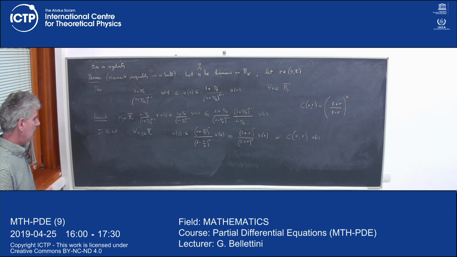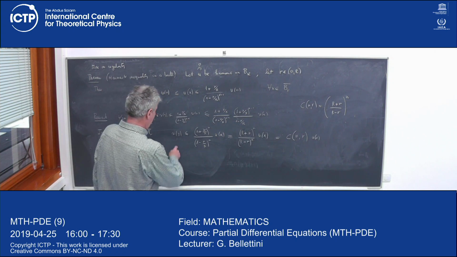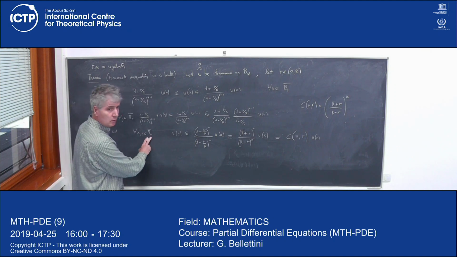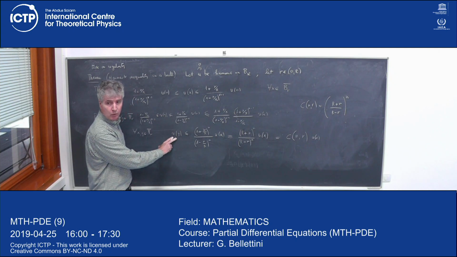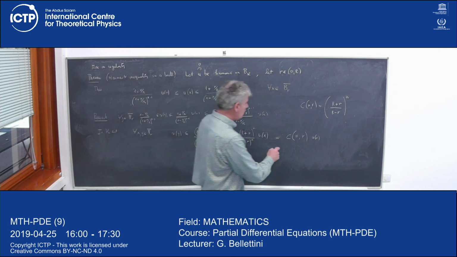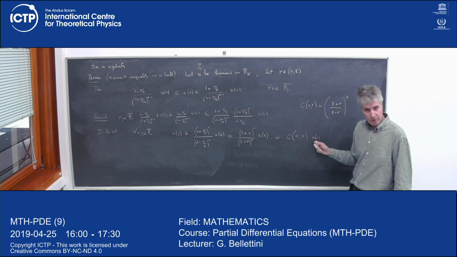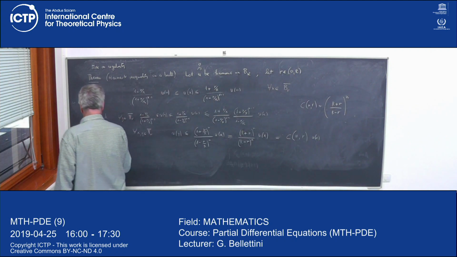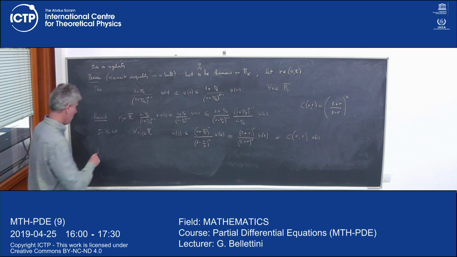Notice also that this is true for any pair y and x in this ball. So if you take the supremum with respect to y here, this is less than or equal to a constant depending only on the dimension and the smaller ball, times the infimum of u. This is maybe another way to usually write the Harnack inequality.